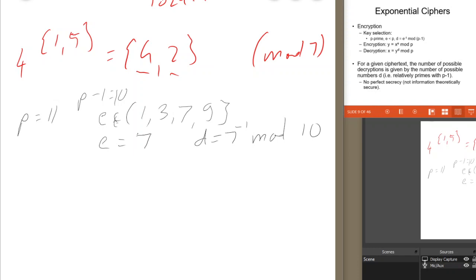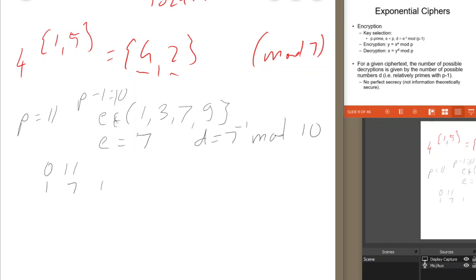It's a number which, if we raise 7, the message, we are going to get a multiple of 10 plus 1. So we multiply with 7 to get a multiple of 10 plus 1, and we again are going to use the extended Euclid algorithm.